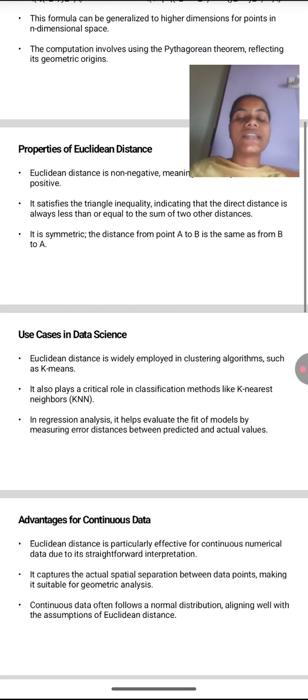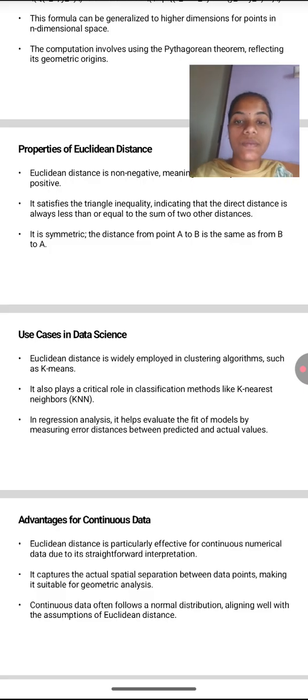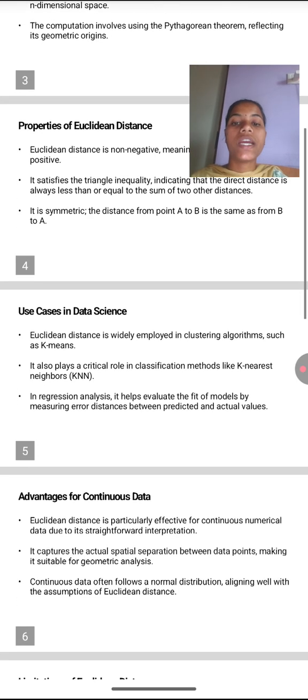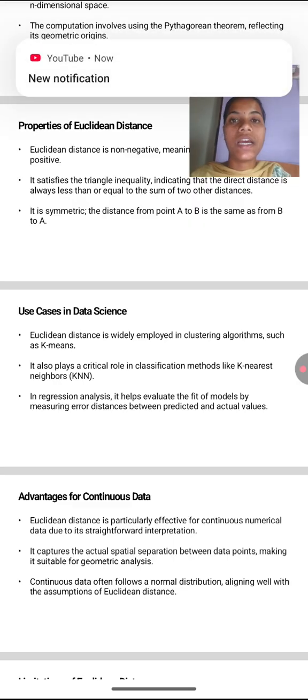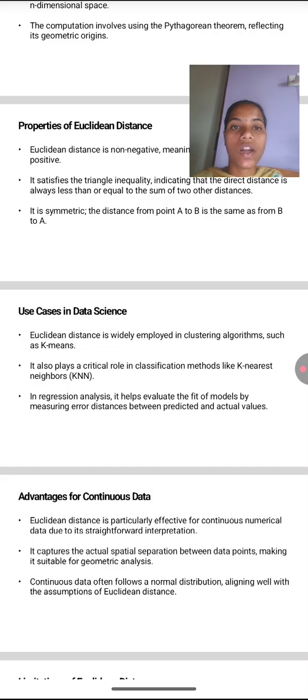So, use cases in data science. Euclidean distance is widely employed in clustering algorithms, which are among the best algorithms in machine learning, such as k-means, and it also plays a crucial role in classification methods. K nearest neighbors is a classification algorithm in machine learning. It is used to calculate the similarity between two data points.